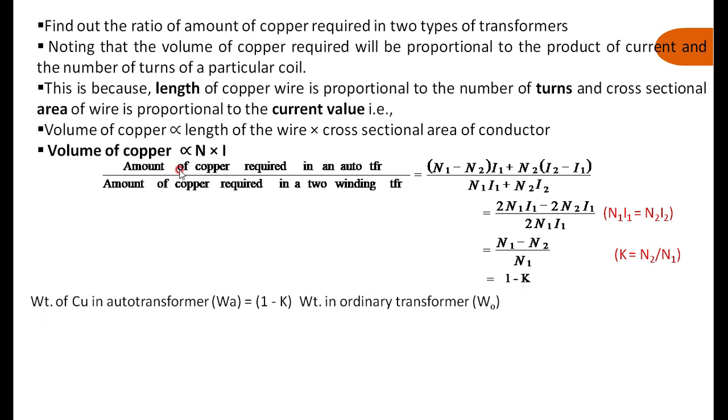Therefore, I am interested in the amount of copper required in the two winding transformer. In terms of that, the copper required in the auto transformer is 1 minus K times the amount of copper required in the two winding transformer.